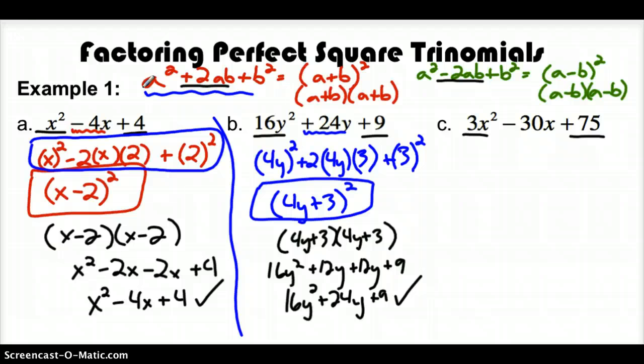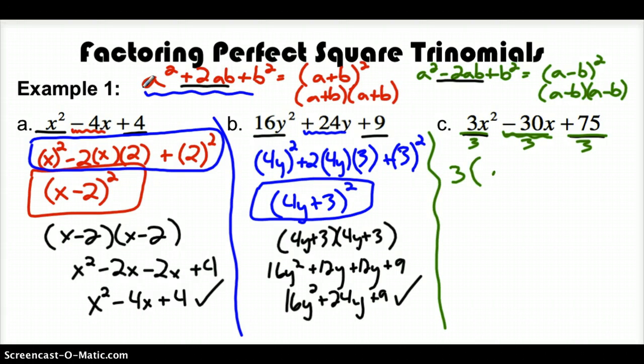Now this very last one, again, we notice that our middle term is negative. The first thing I want to do is notice that 3 and 75 are not perfect squares, so I'm going to try to factor 3 out. If I take a 3 out and divide every term by 3, let's see what happens.